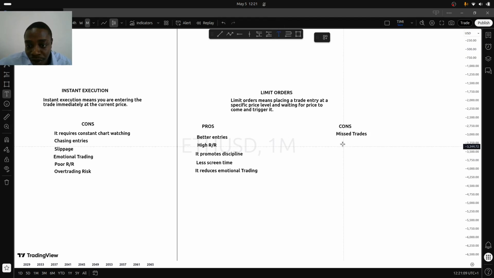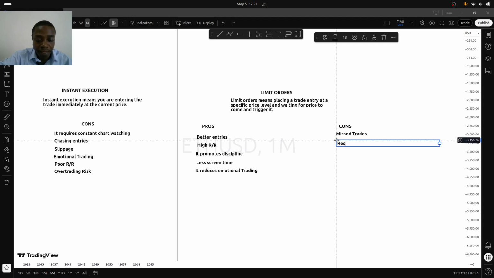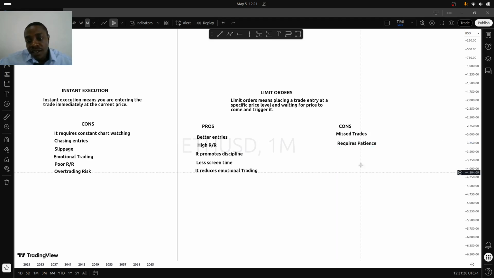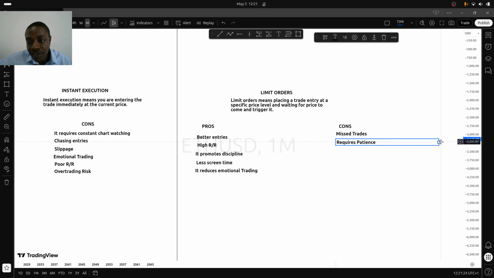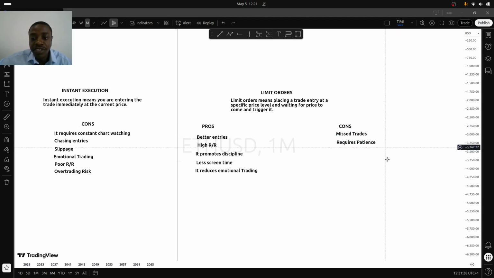Another con is that it requires a lot of patience. This is actually very, very important and vital. A lot of traders, when they run out of patience, start seeing what they are not supposed to see on the chart.